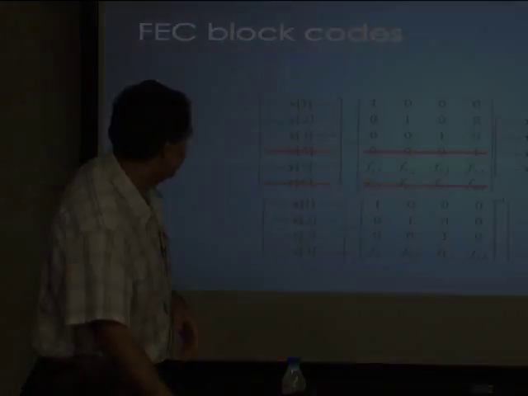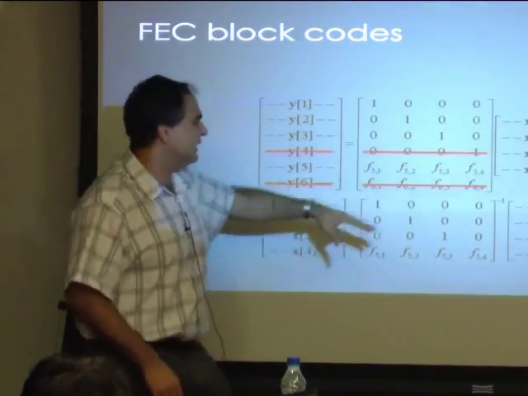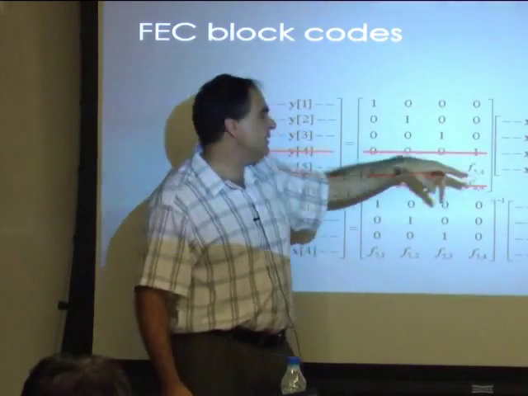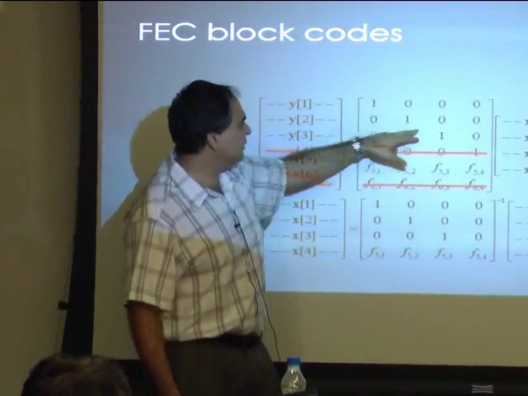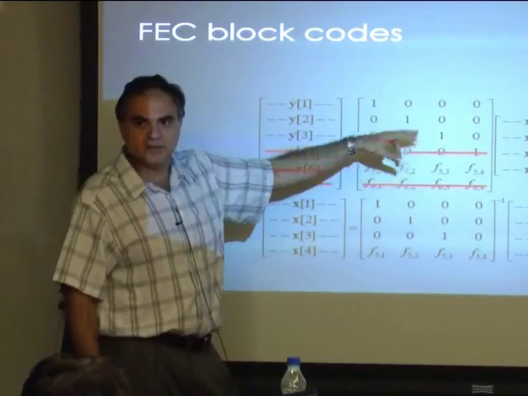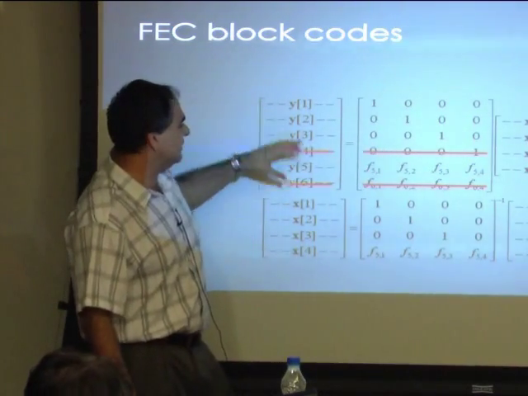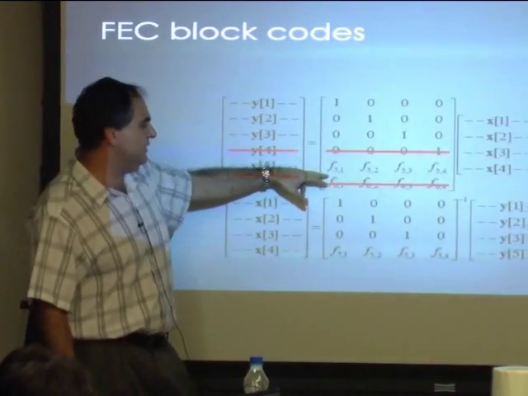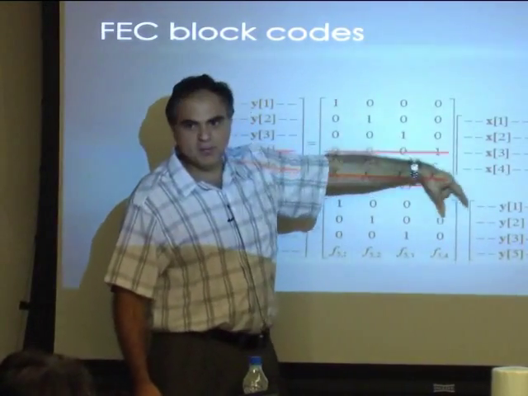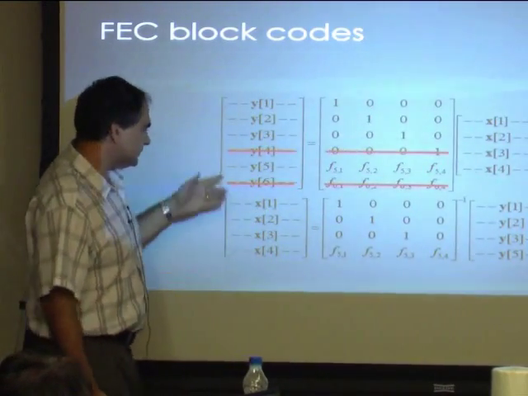If you think of a block code, it's pretty simple. These are your original packets, and you send your original packets. That's the identity matrix representing the original packets. And these can be FEC packets, which are some linear combination.